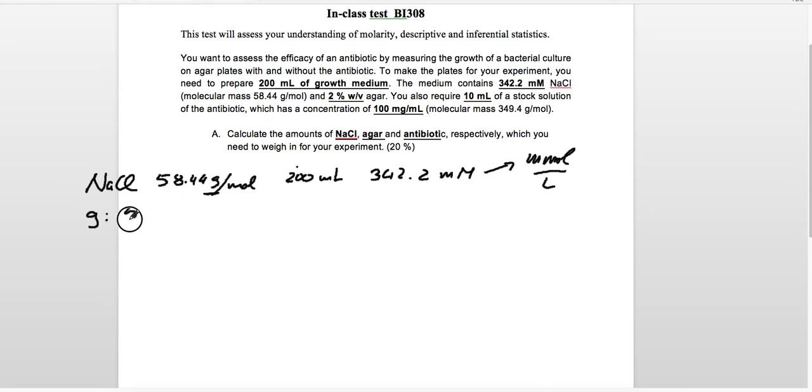So we write this as 58.44 gram per mole. Now the gram is okay, but we need to get rid of the moles. So we need to find something with moles in it. And we've got that here. And so we write it that the moles cancel each other out.